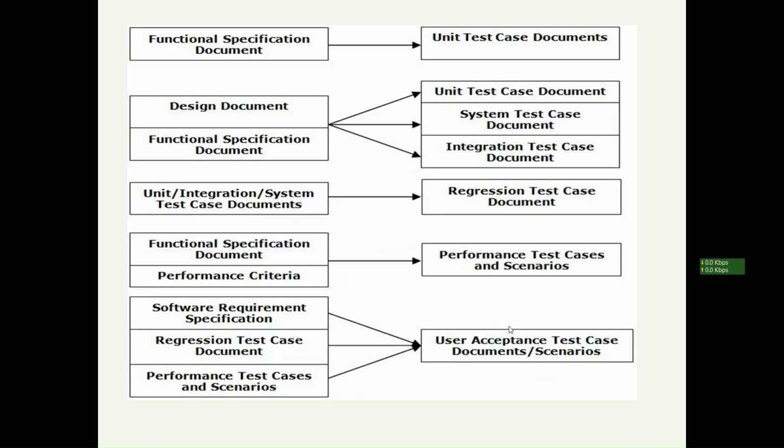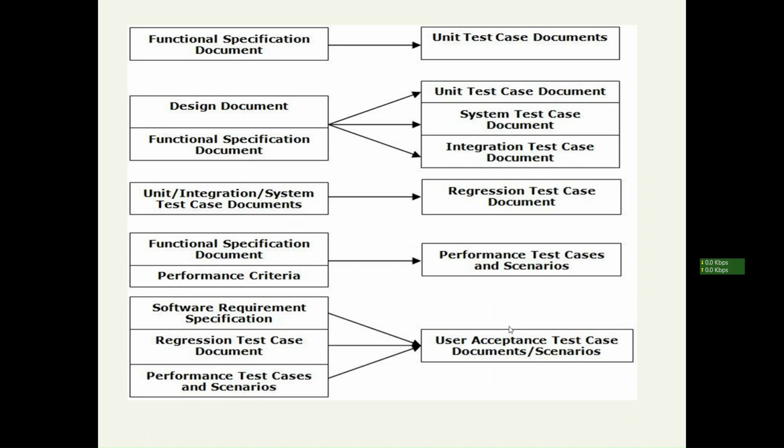Okay. Next one is the V model, verification and validation. So you do things in parallel, right? When you are preparing the functional specification document, you prepare unit test cases. When you are doing the design document and functional specification, you prepare unit test cases, system test cases, and integration test cases.